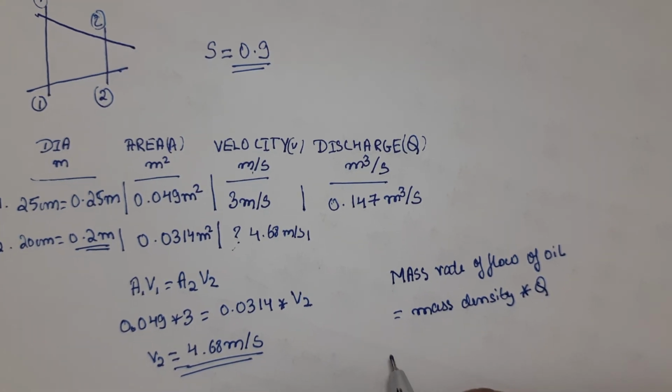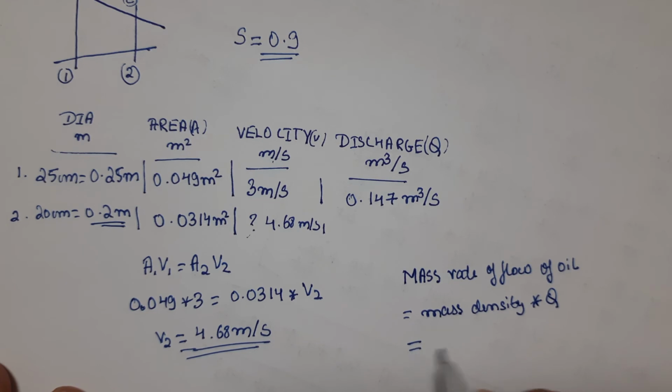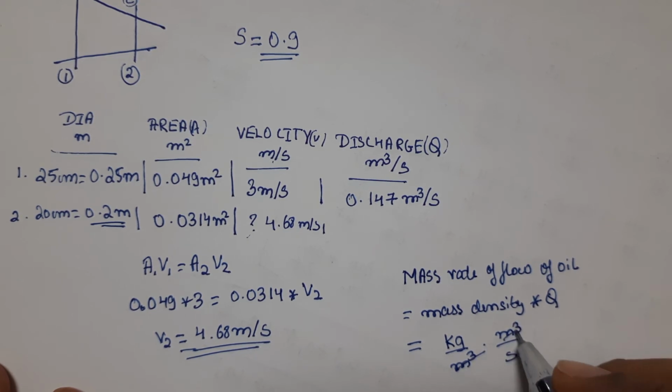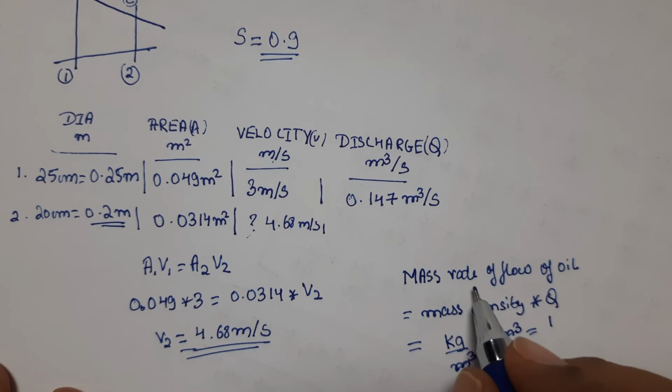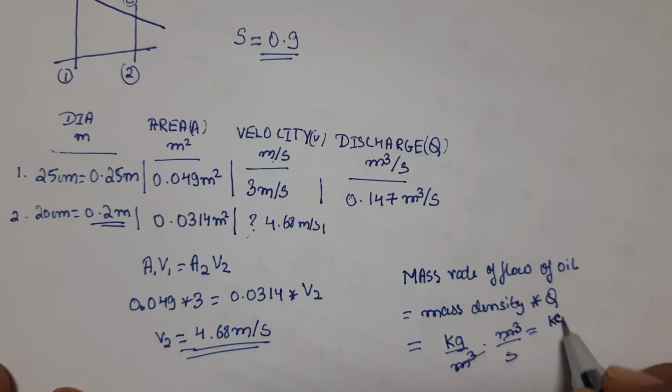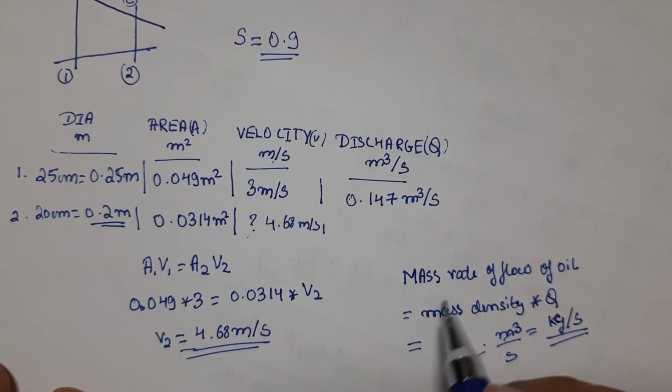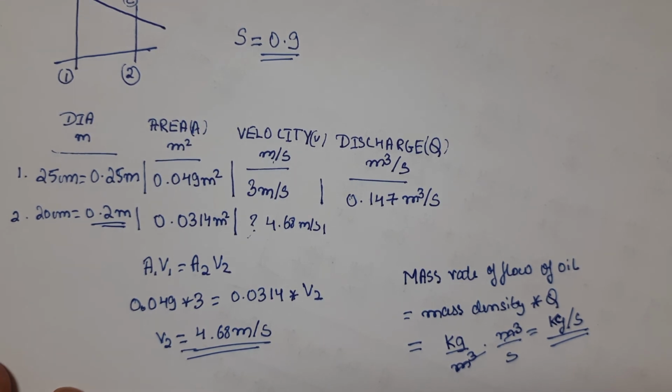Mass density is kg per meter cube and discharge is meter cube per second. Cancel it out and you get mass rate of flow in kg per second. This is the mass flow rate of the oil.